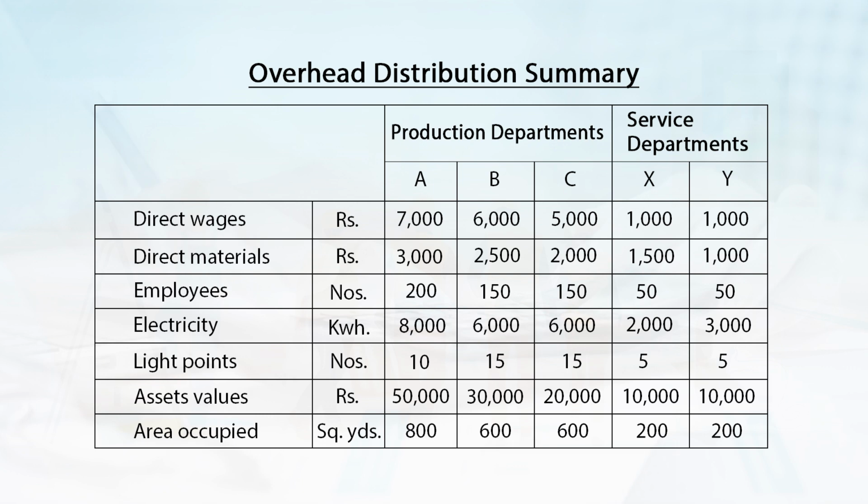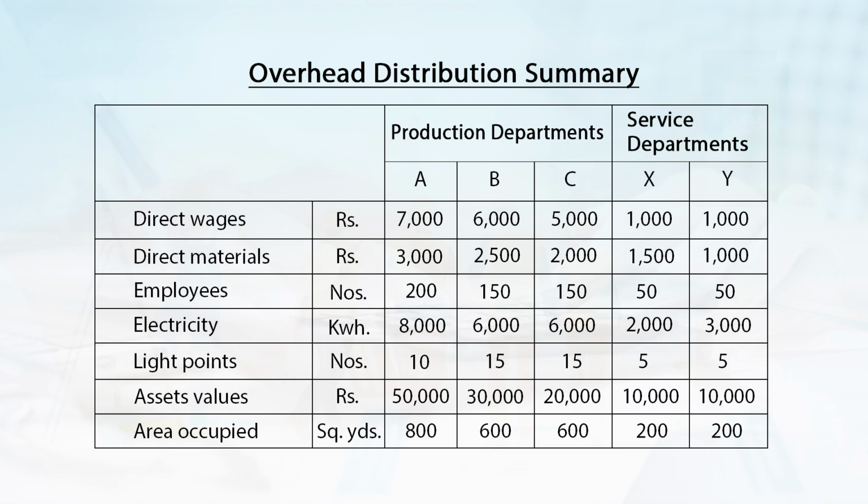Direct wages are rupees 7,000, 6,000 and 5,000 for production departments A, B and C respectively, and rupees 1,000 and rupees 1,000 for service departments X and Y respectively. Direct materials given is for production department A rupees 3,000, production department B rupees 2,500, production department C rupees 2,000, service department X rupees 1,500, service department Y rupees 1,000.